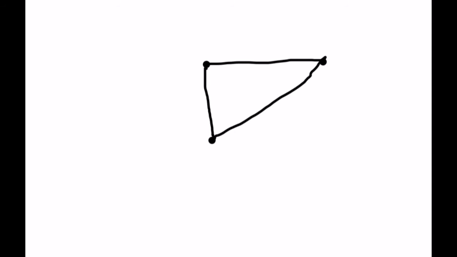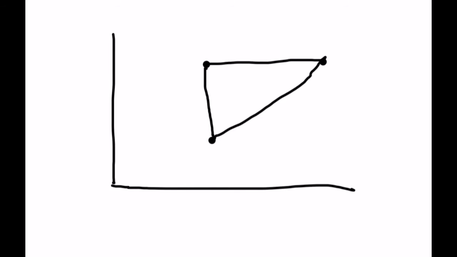We all know that the x and y axes are perpendicular. This line right here is parallel to the y-axis, and this line right there is parallel to the x-axis. So they must be perpendicular too. This must be a right angle.